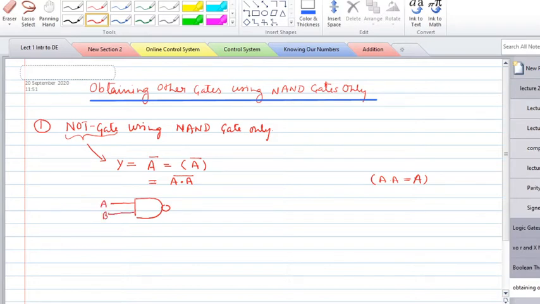Okay, so this will result in A dot A bar, and that is nothing but A bar.